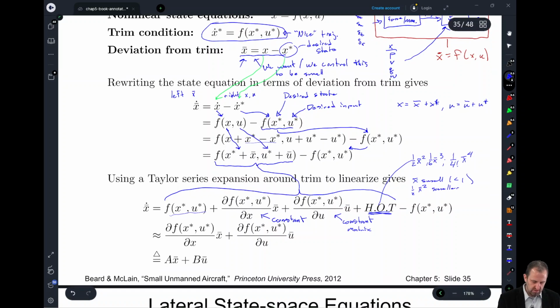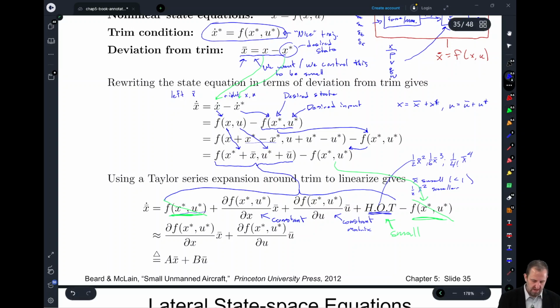Okay, so this is really cool. If we take a look at this, we have evaluated our nominal first, and then this guy got propagated down, and we have a minus f evaluated at our nominal. So these two are going to cancel out, and we assume the higher order terms are small.